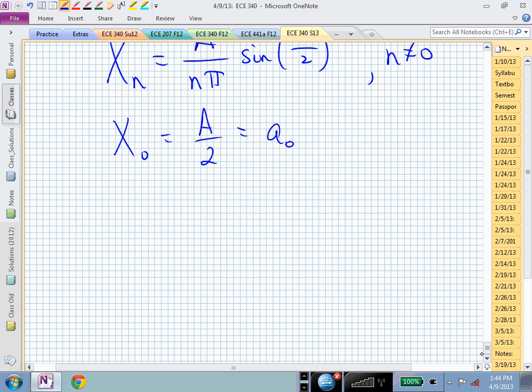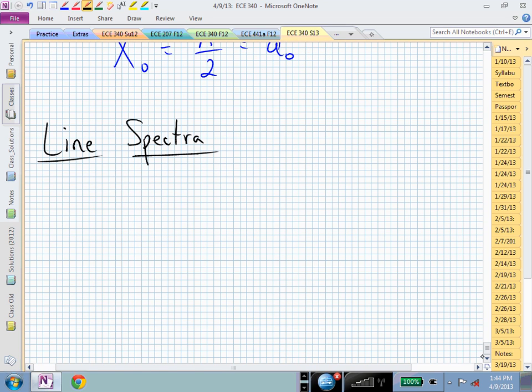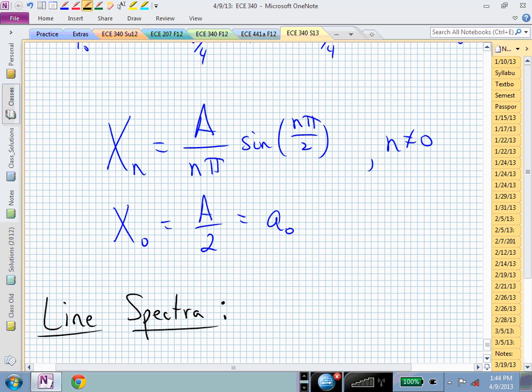Our line spectra now again could be magnitude and angle, because capital X sub n generically will be a complex number. You will be able to find for that complex number its polar form, its angle and magnitude. And that's then what you sketch as a function of n, where n represents your harmonics.